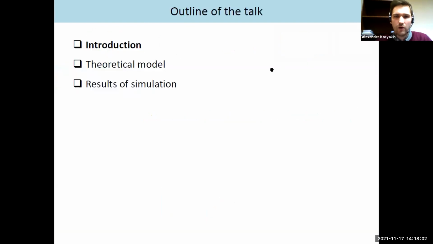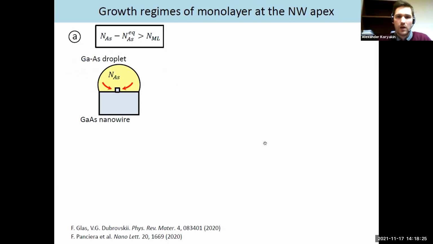Here is the outline of my talk. Firstly, I will give a short introduction. Mostly, I repeat several points that were in the presentation given by Frank Glass about self-catalyzed growth. Then I'll describe shortly the theoretical model, and we'll discuss results of simulation.